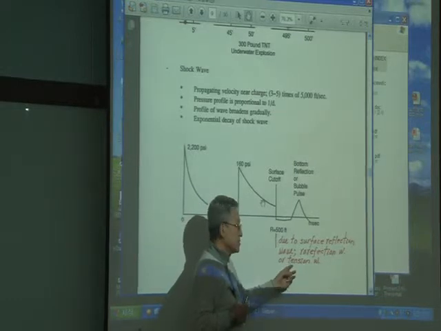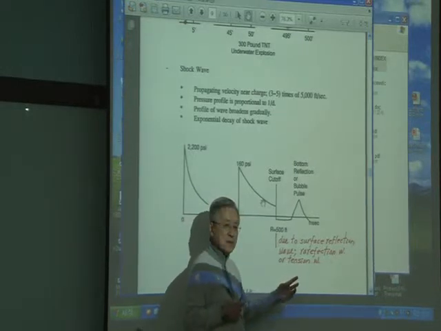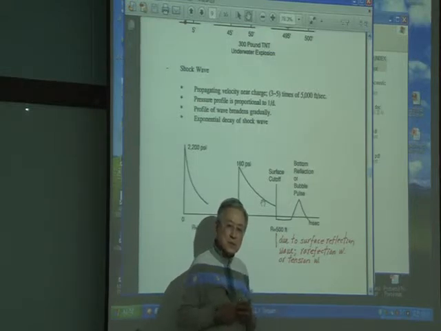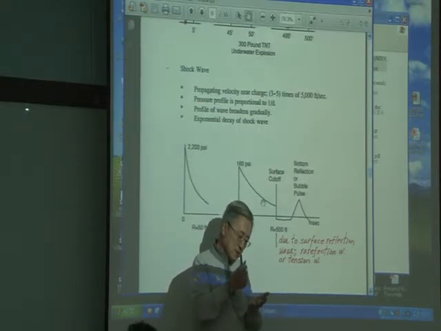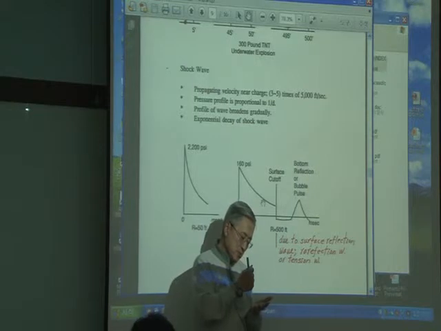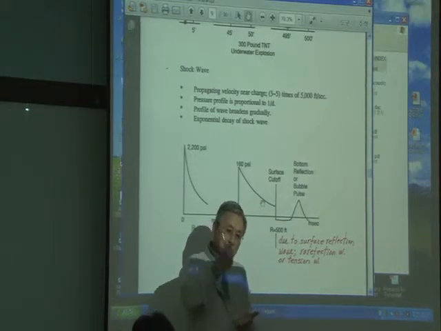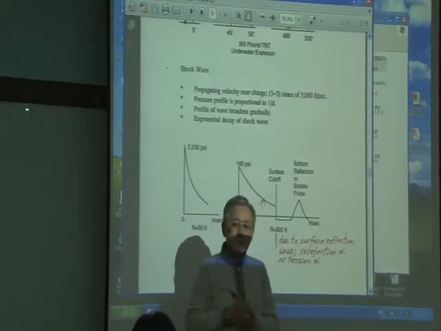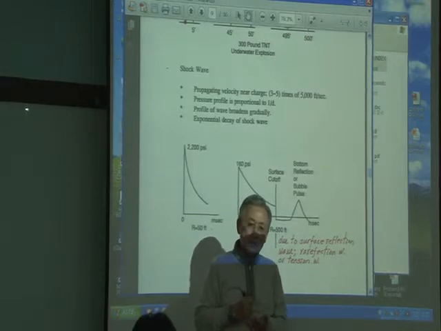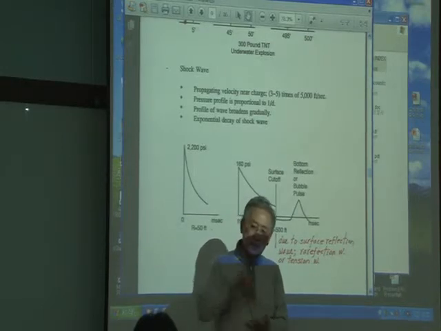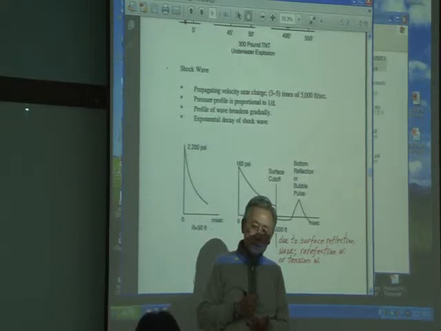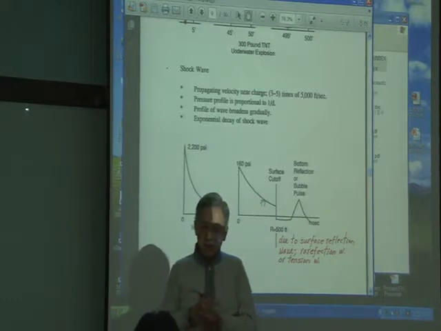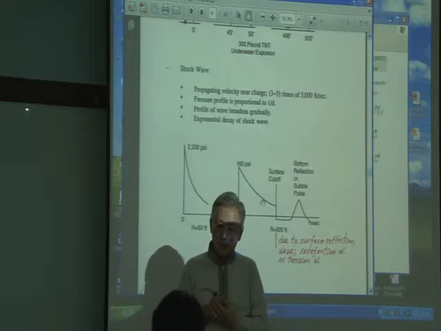and tension wave. Can you pull the water? Can you pull the water? How can you pull the water? Hunter, how can you pull the water? Using the straw. Straw? Yes. How? I don't know your lecture.